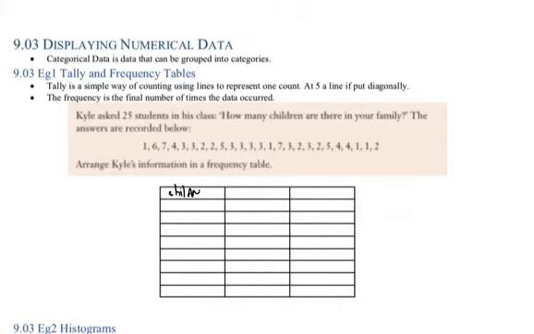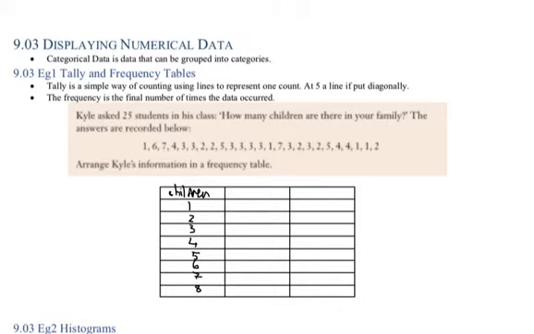It looks like no one has 0 children, so we start with 1, then 2, 3, 4, 5, 6, 7, and 8.